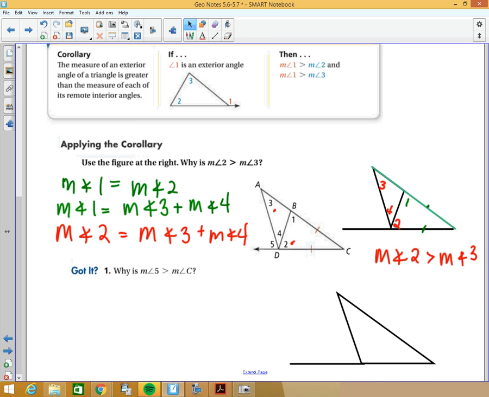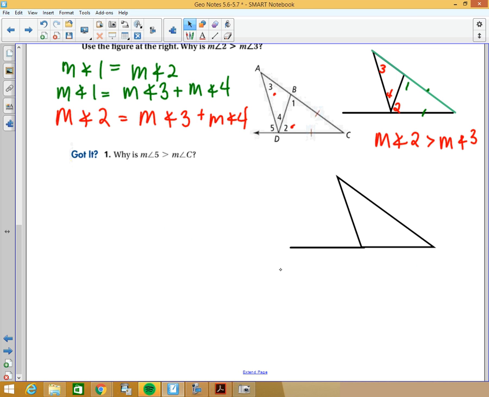No? Okay, now we're using the same triangle, and this time it wants us to explain why 5, this angle right here, is going to be greater than C. Do you see anything that could show you that 5 is greater than C?